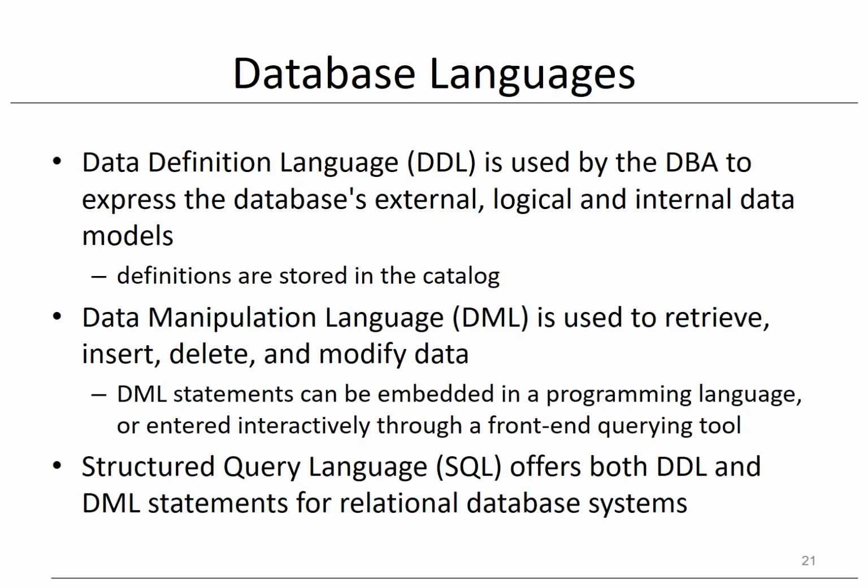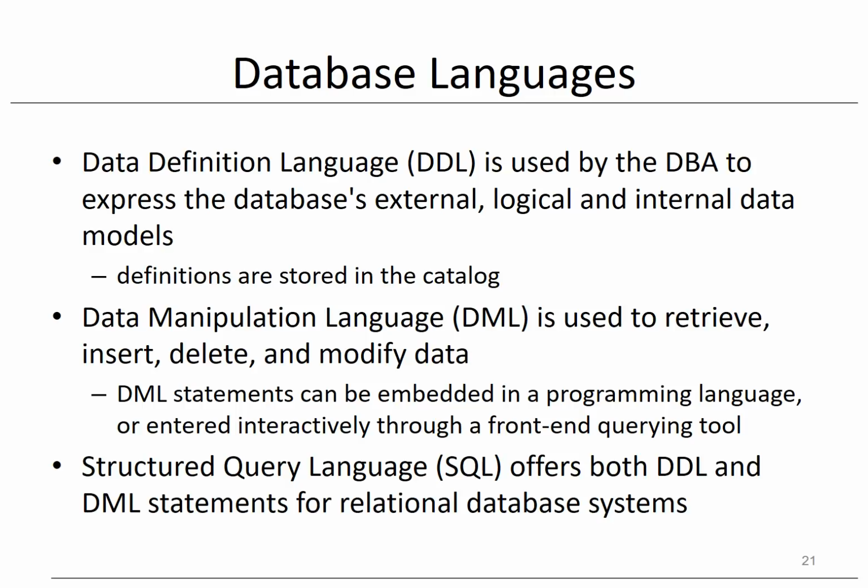Every DBMS comes with one or more accompanying database languages. The data definition language, DDL, is used by the DBA to express the database's external, logical, and internal data models. These definitions are stored in the catalog.